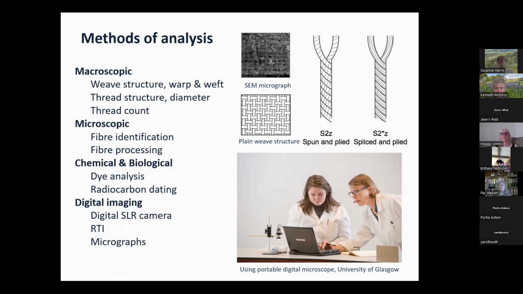So we can see there are many different ways we go about trying to understand textiles. And we're trying to understand these details to then think about those broader contexts of textiles in past societies.